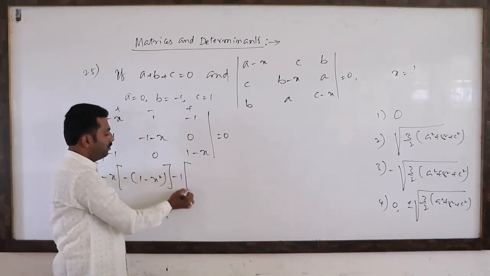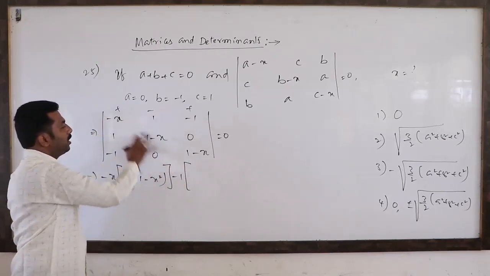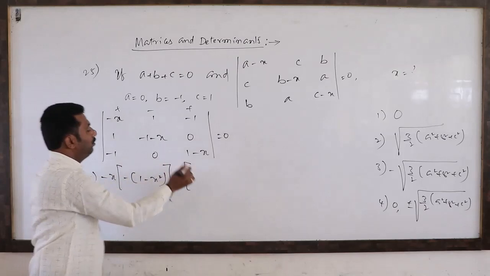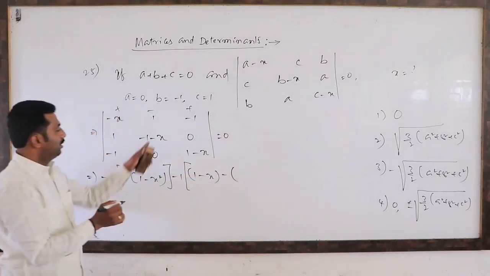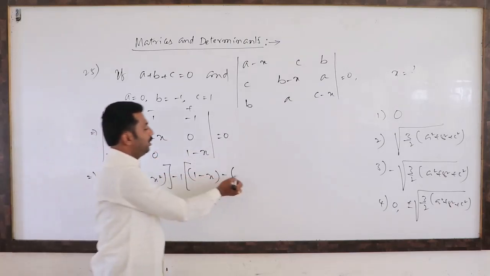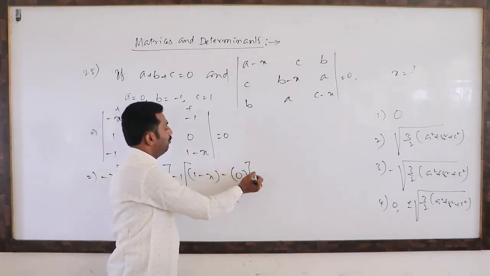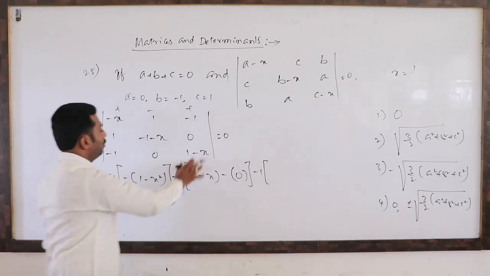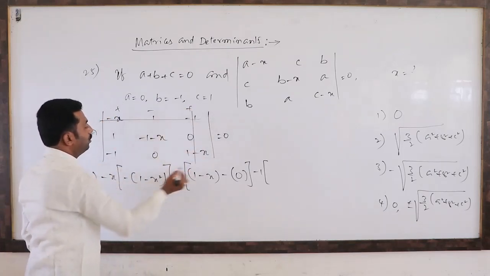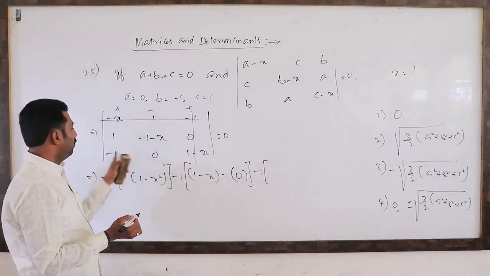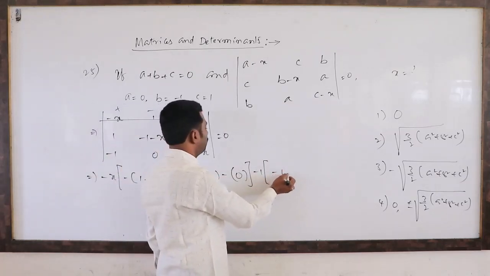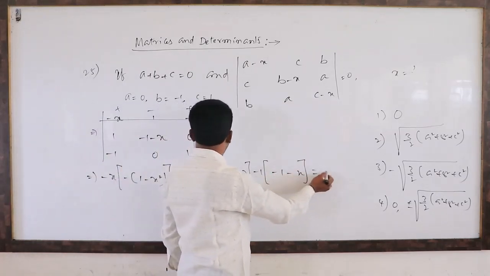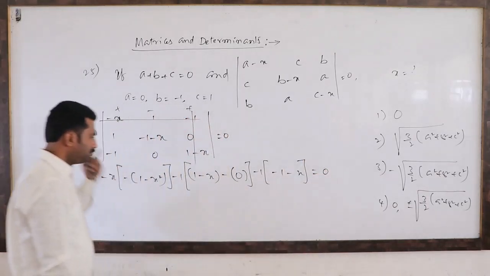Minus 1 into, see, if you close this column and this row, 1 into 1 minus x, minus 1 into 0, nothing but 0, minus 1 into, you close this column and this row. So then what happened? This is 0 minus of minus 0 minus 1 minus x equal to 0.